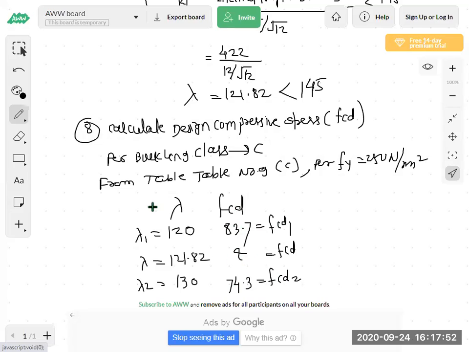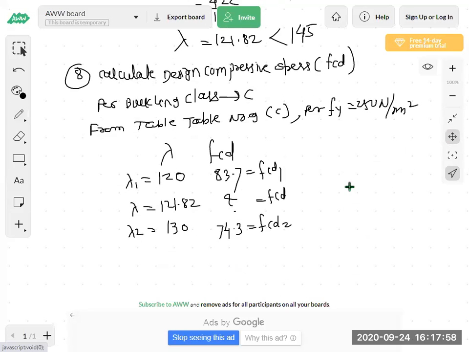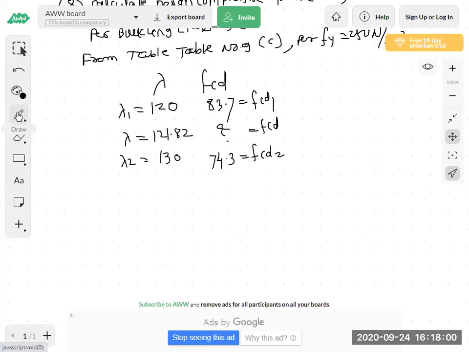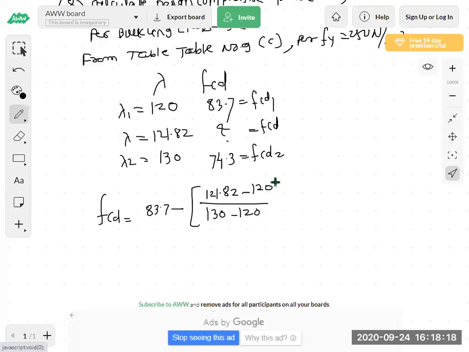So we have to calculate the value of fcd. Use this interpolation formula: fcd is equal to fcd1 83.7 minus lambda minus lambda 1 divided by 130 minus 120 into 83.7 minus 74.3. So tell me the fcd.